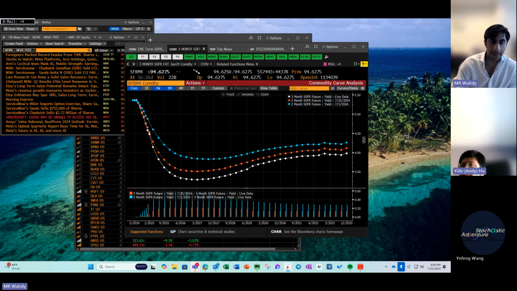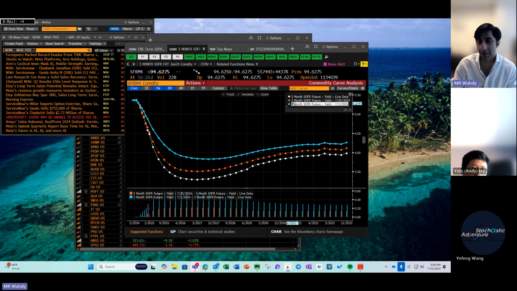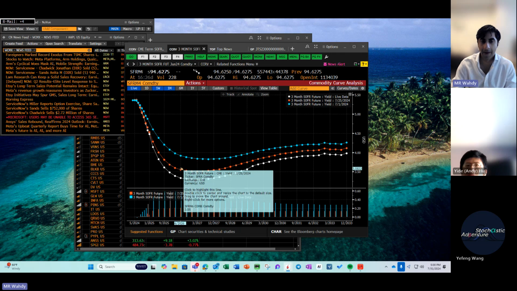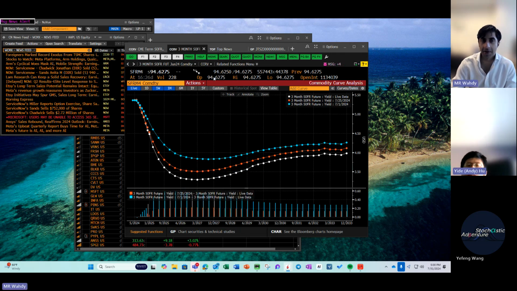Cool. And if you look at this chart, this is the chart that I was referencing, Andy. Did I give you the right one? No, but that's okay. Actually, I think you ended up finding this, so that's fine. This is 3 months SOFR, and this is what the curve looks like.